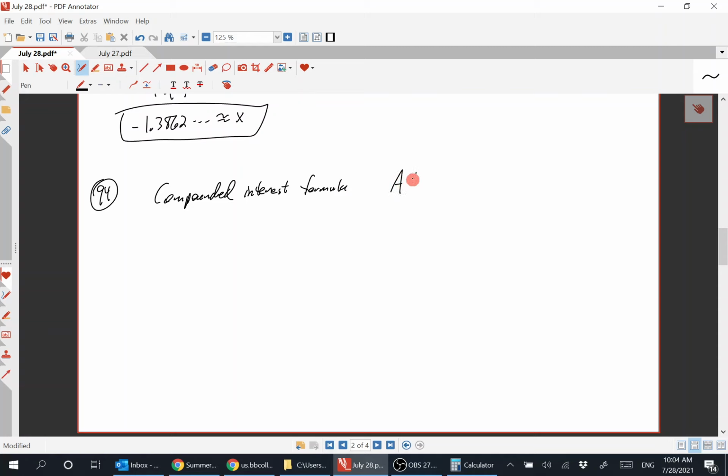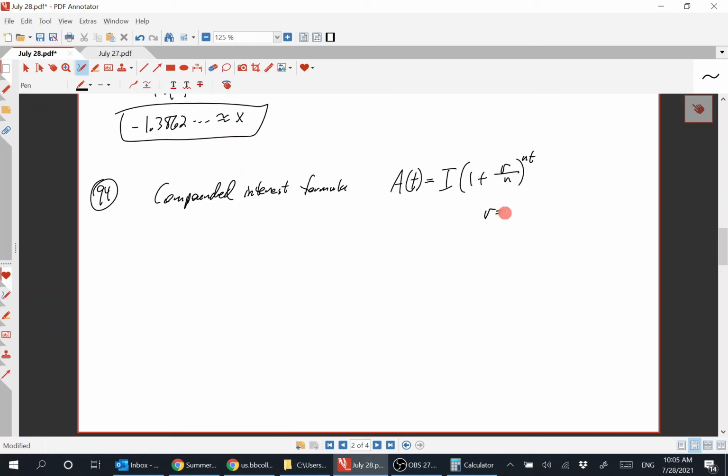The amount that an investment is worth after t years is the initial amount invested times one plus the interest rate over the number of compounding periods, to the nt.